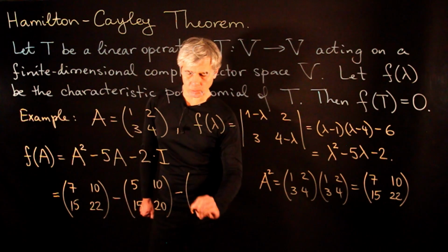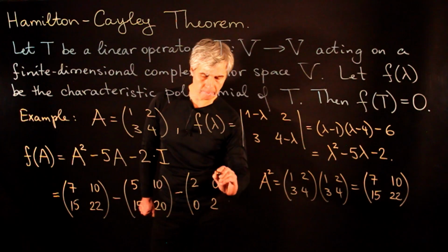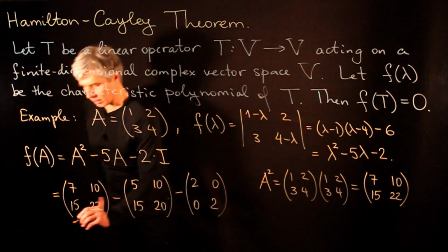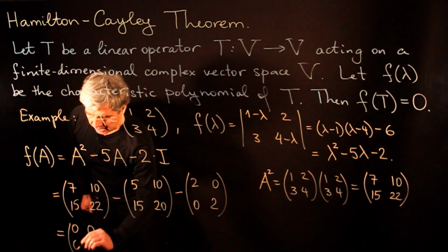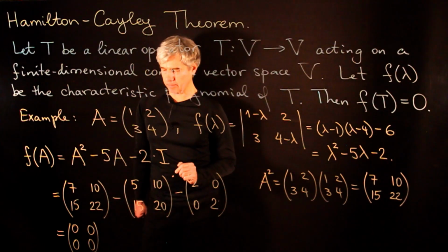And minus 2 times identity, 2, 0, 0, 2. And as we can see here, the resulting matrix is a zero matrix. And that is the claim of the Hamilton-Cayley's theorem.